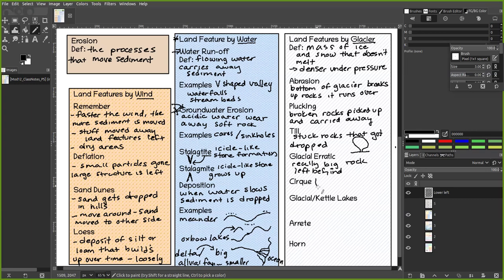This is when you have U-shaped valleys. Remember, the V-shaped valley shows up more like up here with water erosion, but the U-shaped valley shows up with glacier erosion. Now, a glacial or a kettle lake shows up when a gouge fills in with water. It becomes a lake.